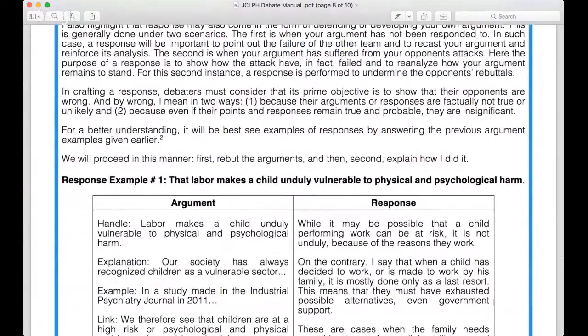The first example is something that Dino also discussed earlier on the same motion, so we can jump off from that. The first is the argument that labor makes a child unduly vulnerable to physical and psychological harm.